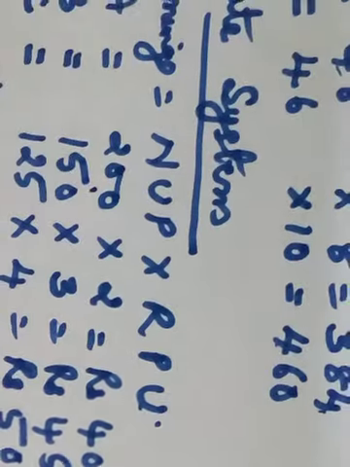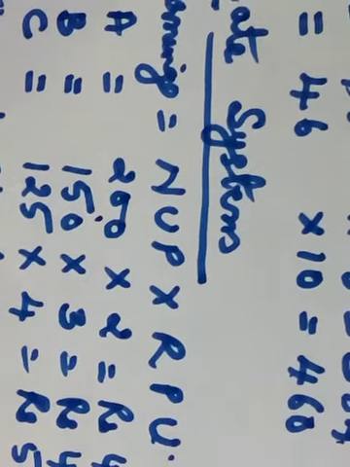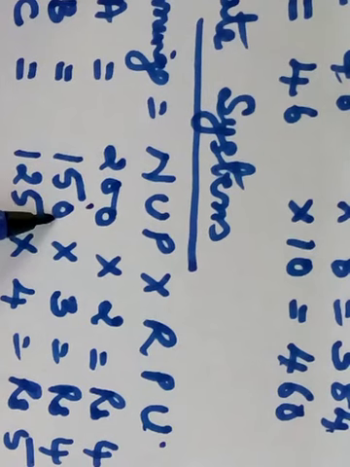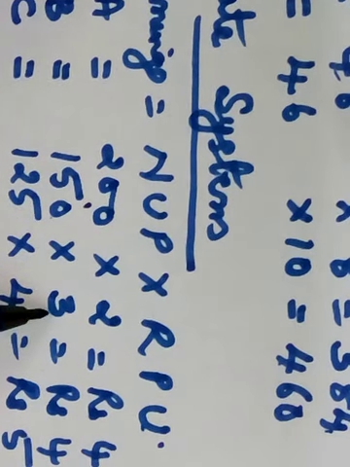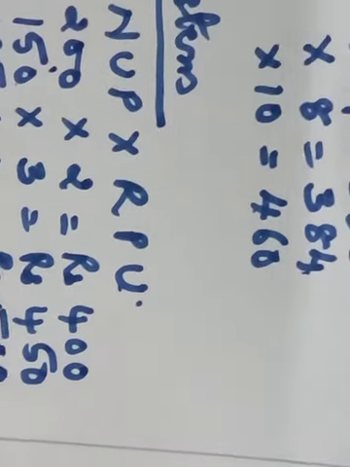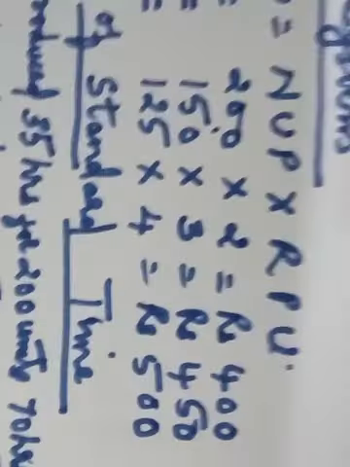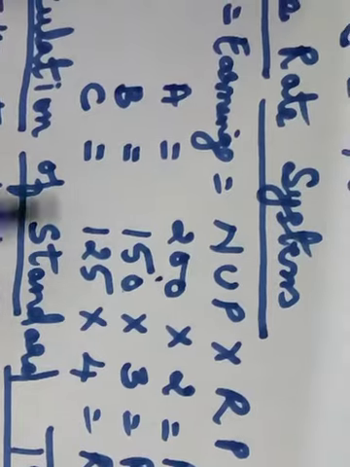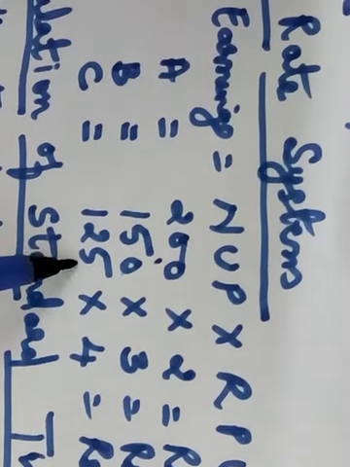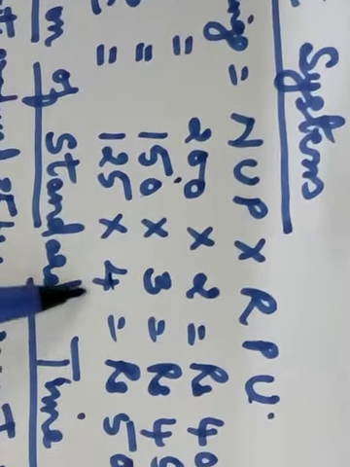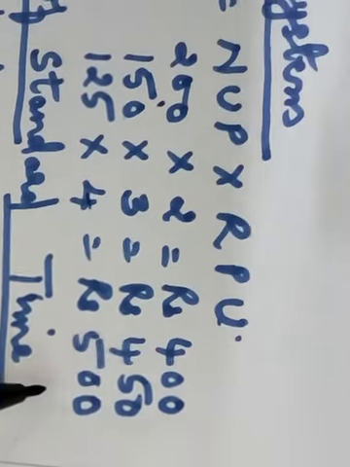In case of B, the units produced is 150 into rate per unit rupees 3 and the total earnings comes to rupees 450. In case of C, the units produced is 125 into rate per unit rupees 4 and the earnings comes to rupees 500.